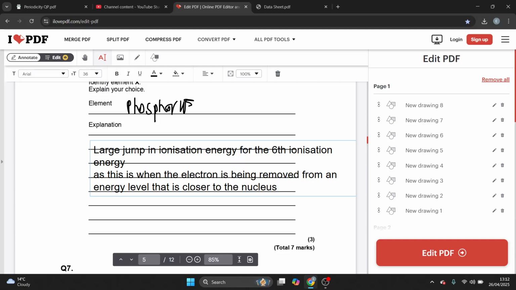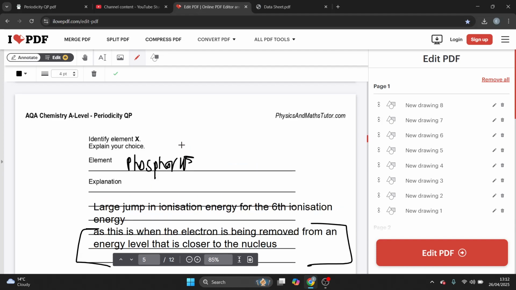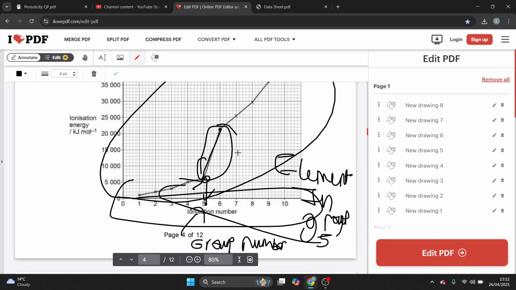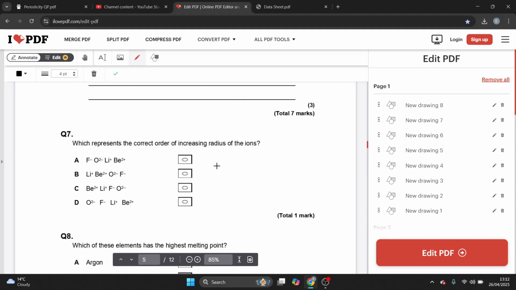I would write that down because this is something I could memorize and use as a general statement for any kind of question. In this case, large jump in ionization energy for whichever ionization number, the 6th ionization energy, and then because electrons are being removed from an energy level that is closer to the nucleus.